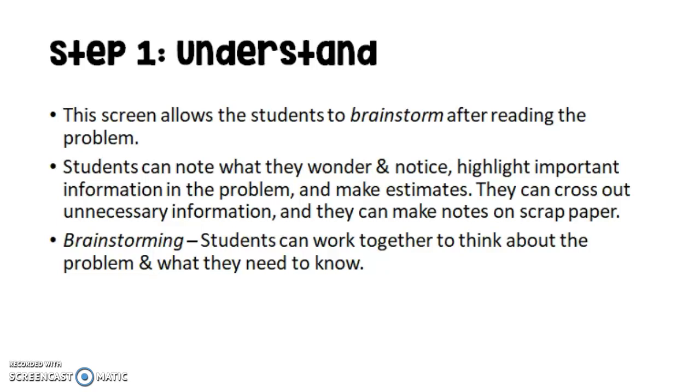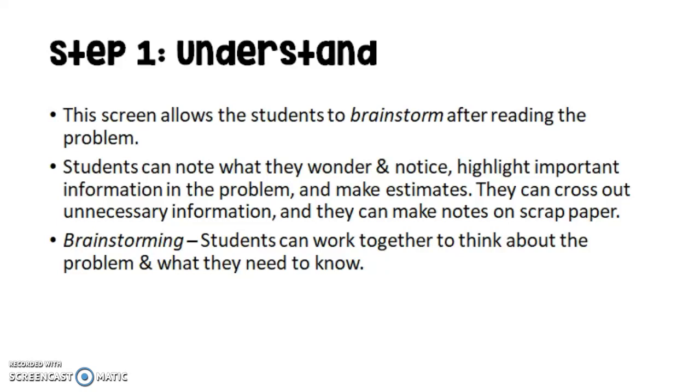It says it's a four-step problem-solving process, so I'm going to analyze it using those four steps. The first step is understand. The understand screen allows students time to brainstorm after reading the problem, and it organizes their thoughts in several different categories. One category would be what they wonder and what they notice.